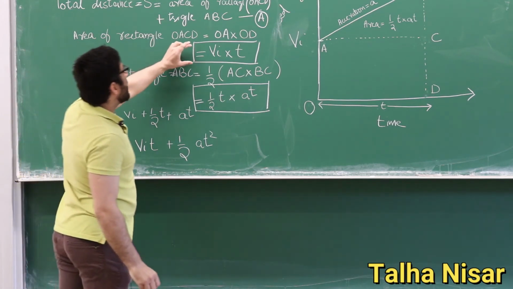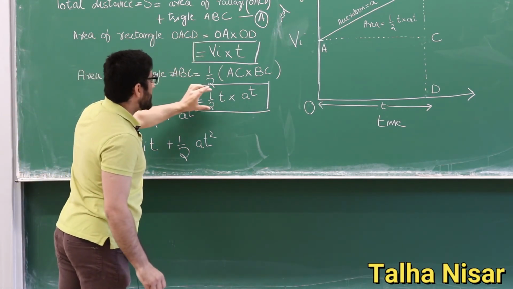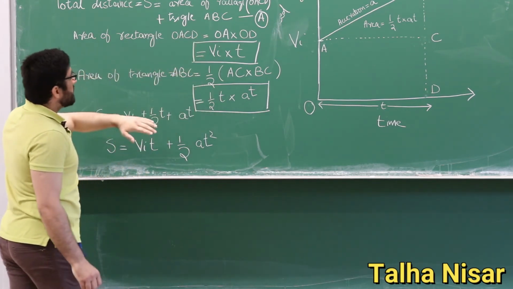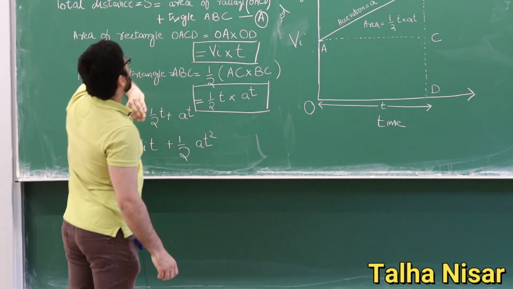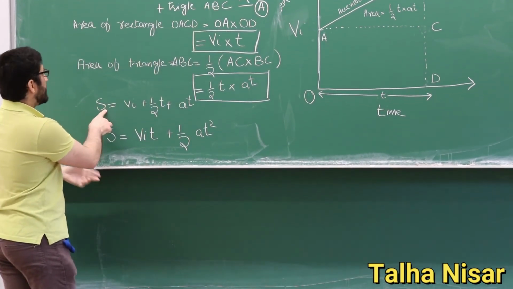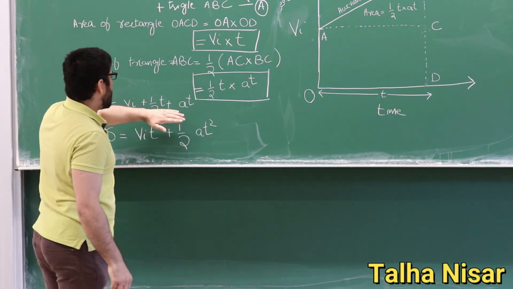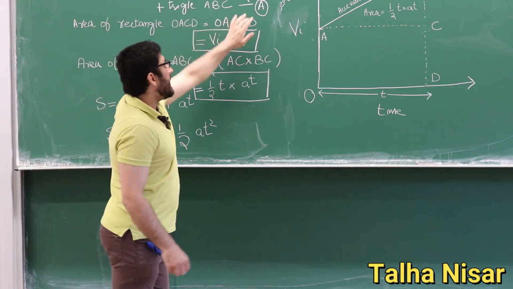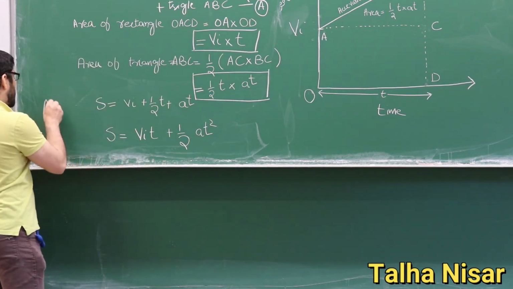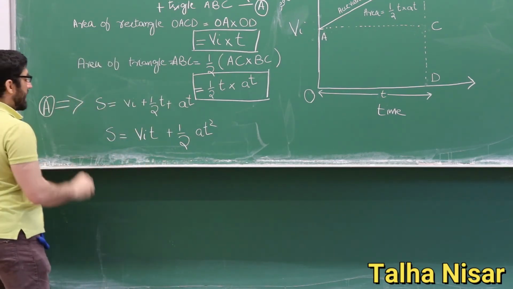We take the area of this rectangle plus the area of the triangle and put these two into the equation for the total distance covered. This comes from equation number A here.